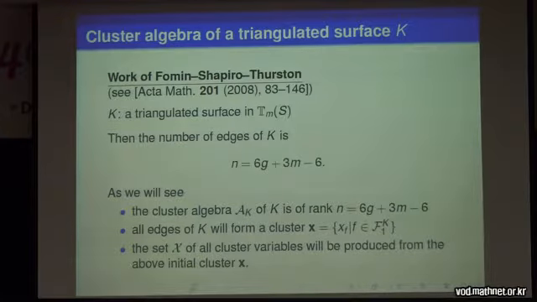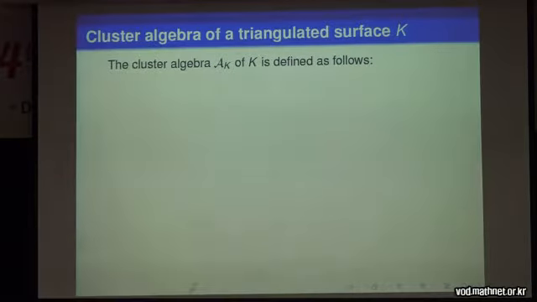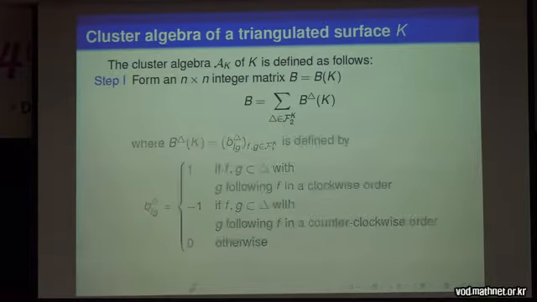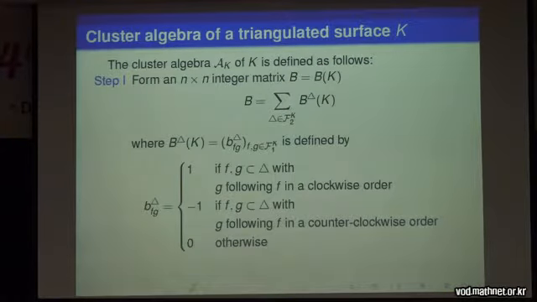And then all the cluster variables can be produced from this initial cluster. Here are some of the steps of the definition and construction of the cluster algebra from the triangulated surface. First, form the matrix.